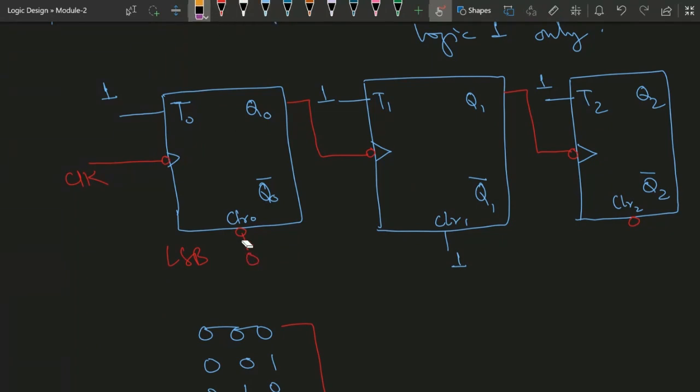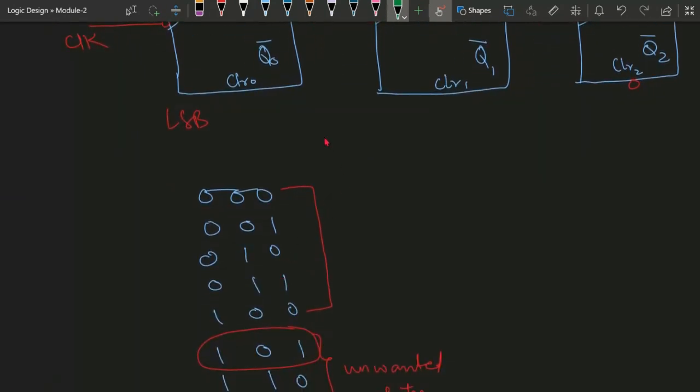Similarly, we will be using the clear concept here, using the clear pin to clear out the output when the counter is going to switch from 4 to 5.